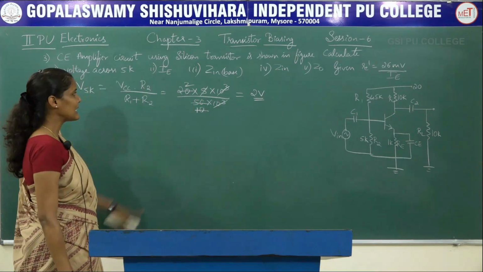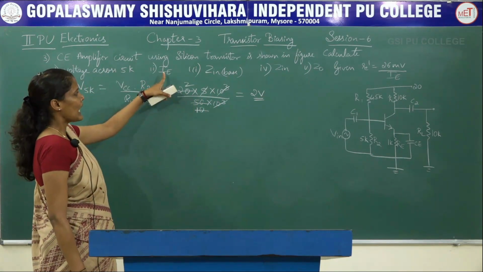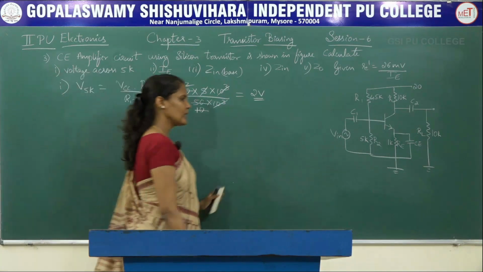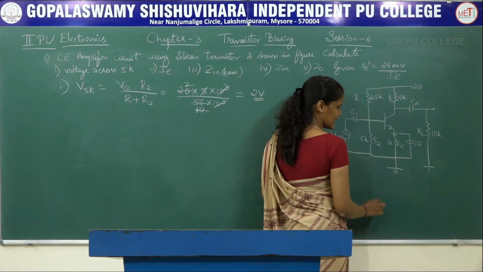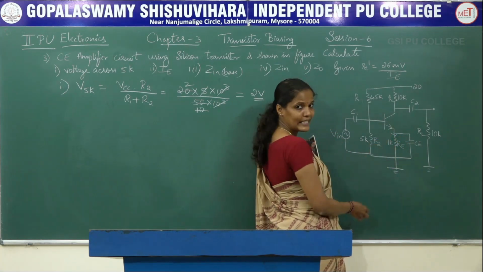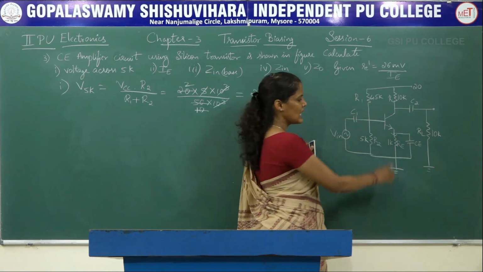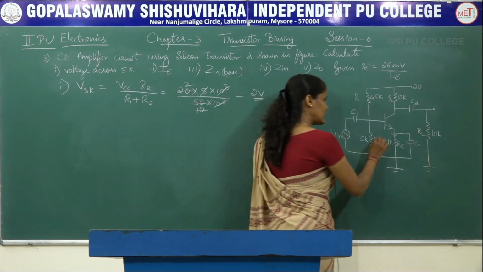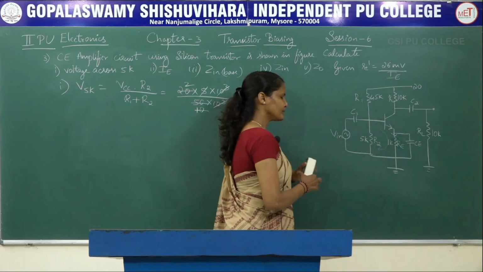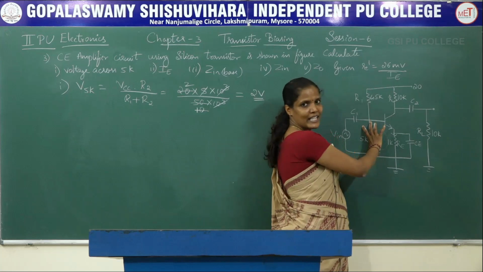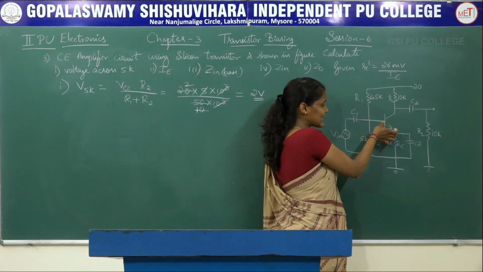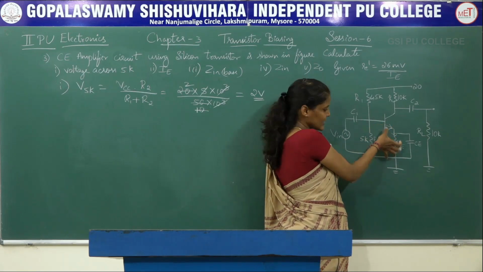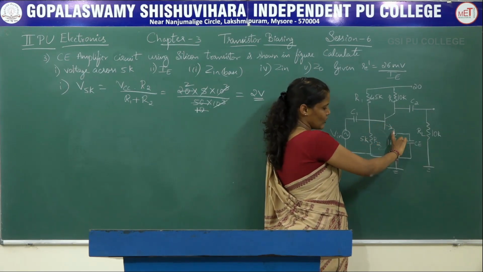Now I have to calculate the IE value over there. If we have to calculate IE, we have to apply KVL for this particular loop. This is the current IE which is flowing through the resistor RE. So if I apply KVL in this loop, this will be considered as the voltage source that will be given to this junction, that is the base and the emitter junction, and this particular voltage drop.